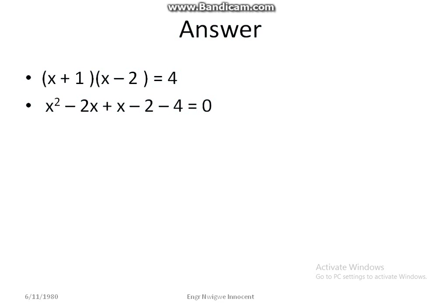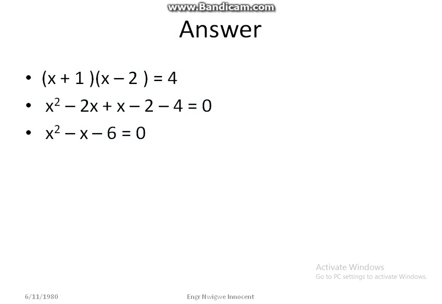Therefore, if you open the brackets, we now have x squared. x times x is x squared minus x times 2 become minus 2x plus 1 times x is x minus 1 times 2 become minus 2. 4 coming over to the left hand side will become minus 4, since it is positive, crossing the equality sign will become negative, minus 4, which is equals to 0.